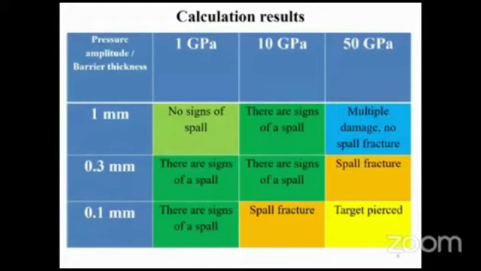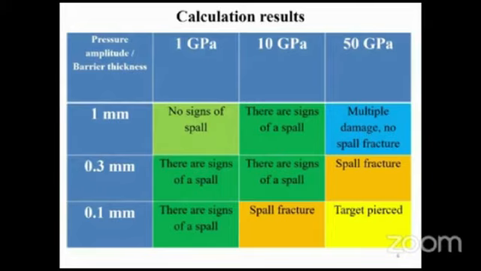The simulated options are presented in the table. Only in one case are there no signs of spall fracture. It is marked in light green color. In 5 cases, signs of spall fracture are observed, but spall does not occur. They are marked in green and blue color.